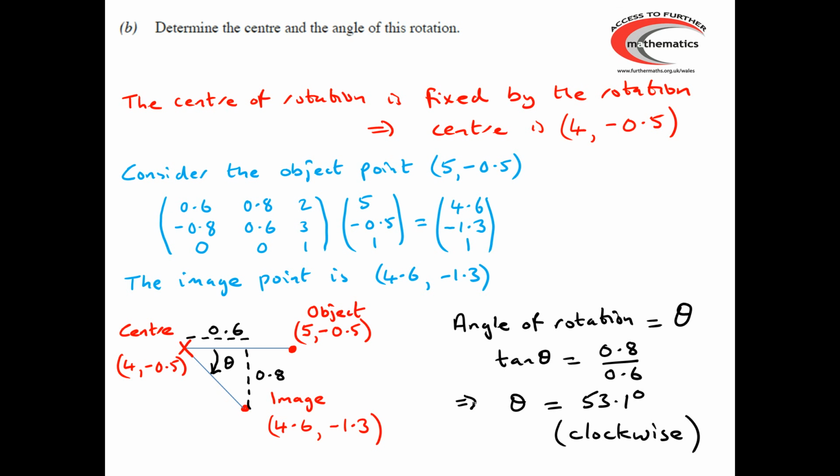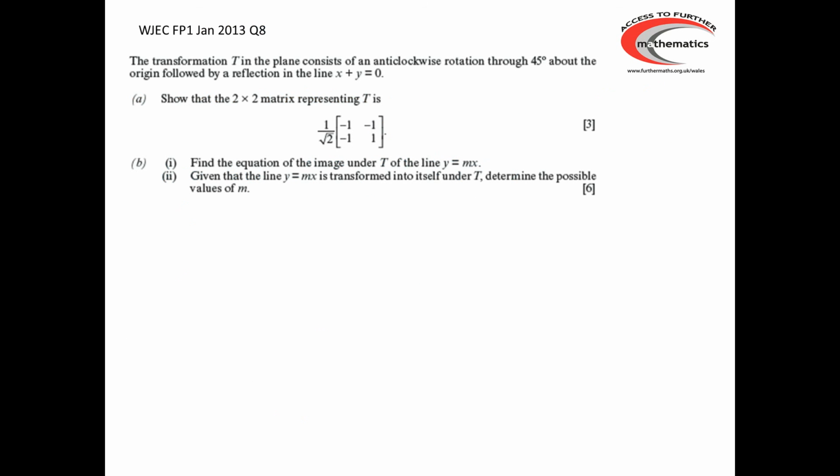Let's now move on to our final transformations example, which comes from the 2013 January paper. In this case, the transformations are being represented by 2x2 matrices rather than by 3x3 matrices.